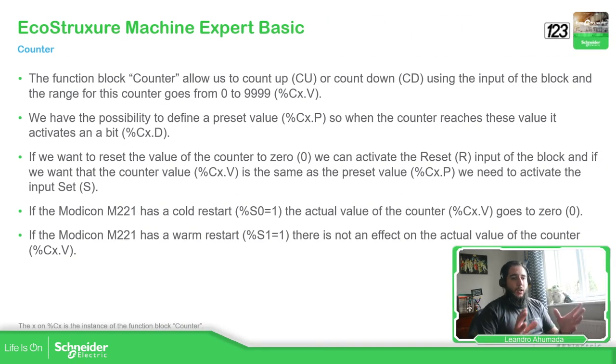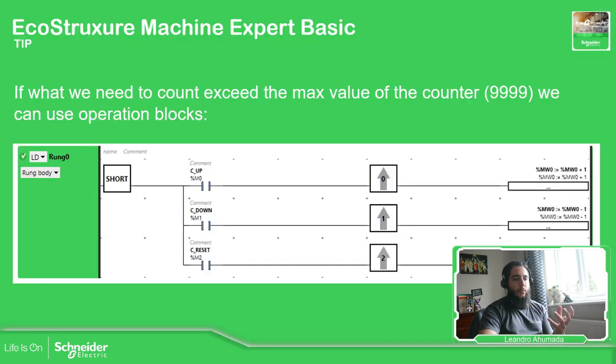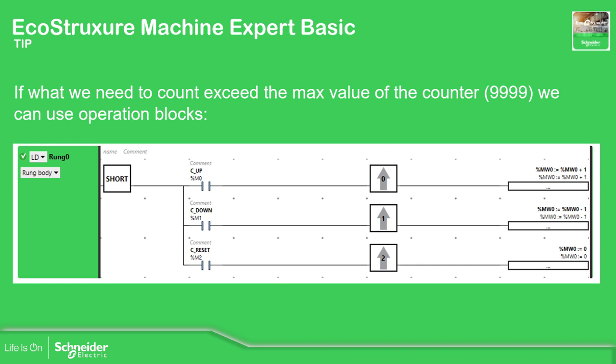Now, here we have a limitation if we want to count something bigger than the range that we have seen, from 0 to this value. If we want to count something bigger than that, probably the best solution will be to do something like this, using the operation block that we saw in the past.